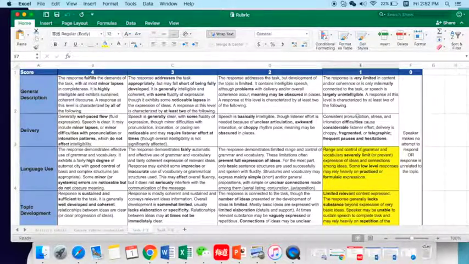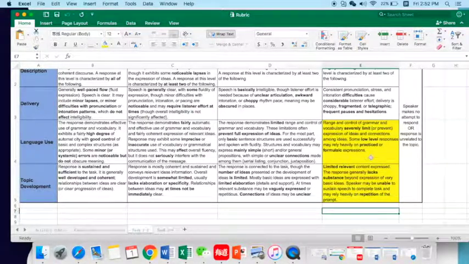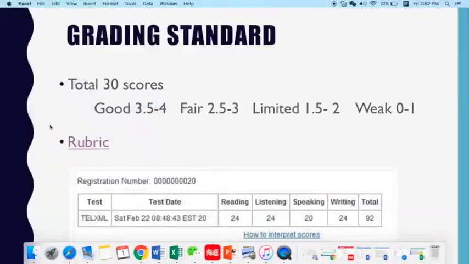Please pay attention to the yellow highlighted parts. If test takers rely too much on practiced or formulaic expressions, the graders will give a low level to these kinds of responses. We will interpret the rubric in detail in our further lessons.